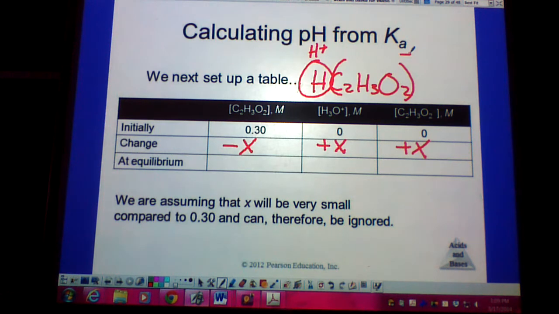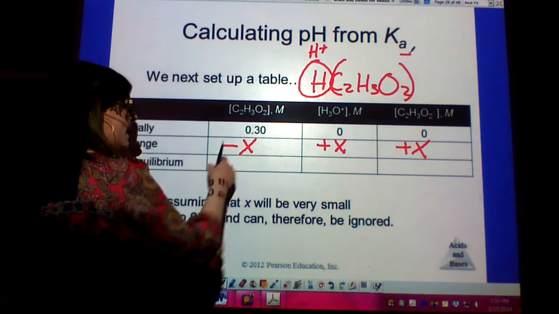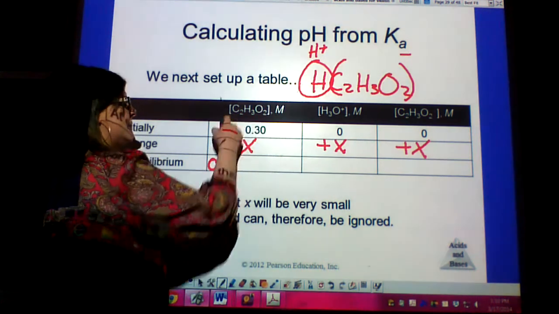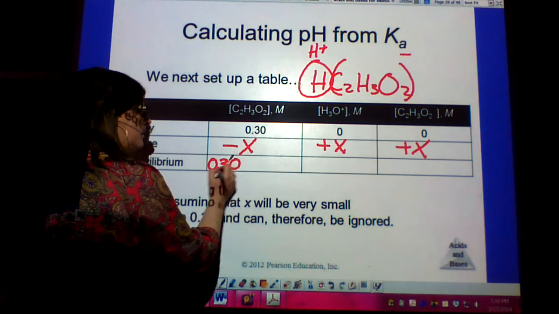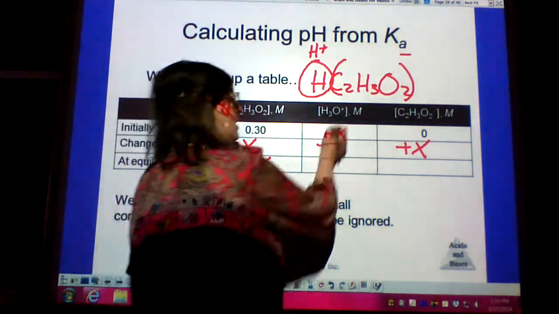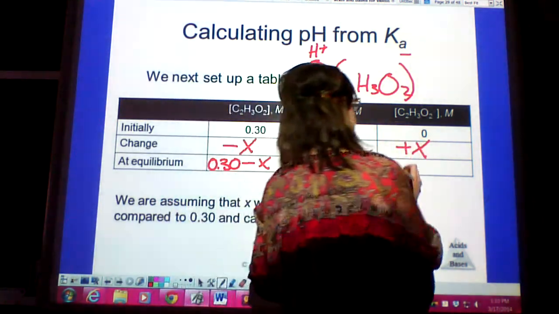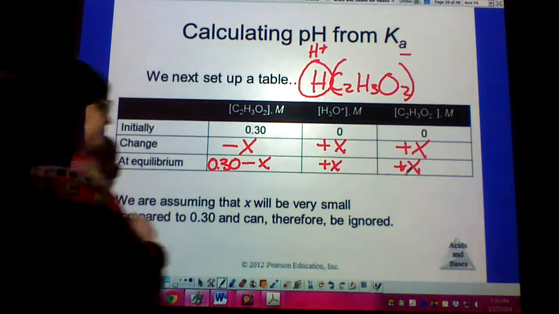Okay, let's look at what we would have at equilibrium. At equilibrium, for acetic acid, we have 0.30 minus X. The products are just plus X, and X as well.